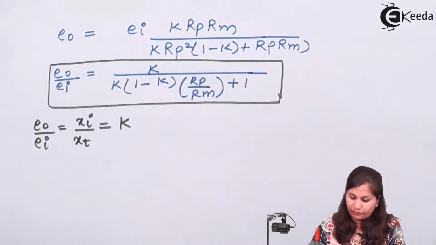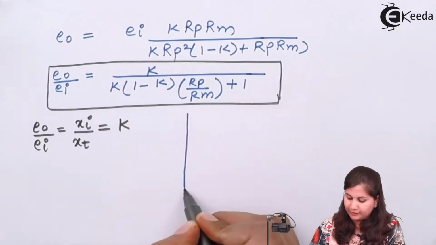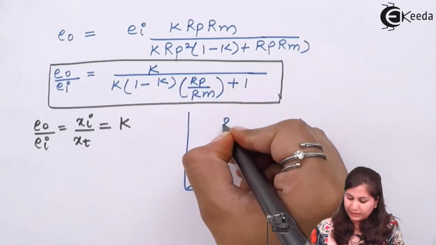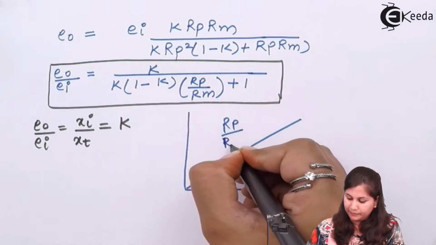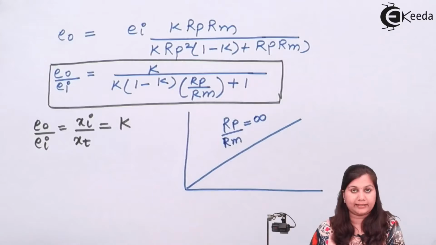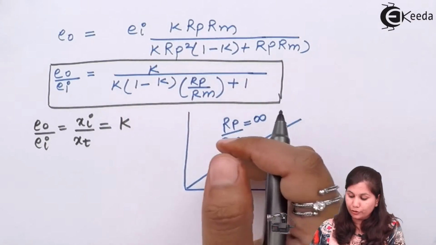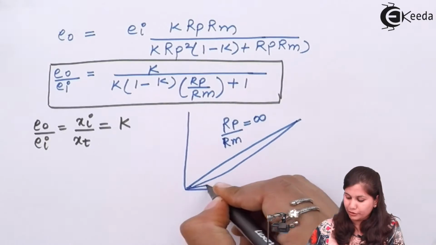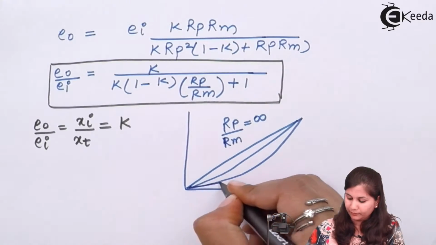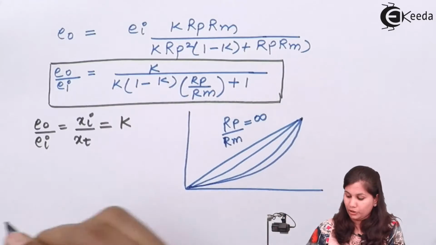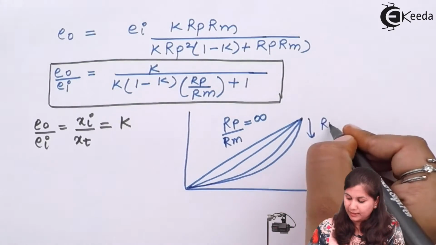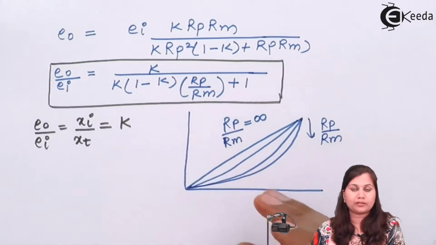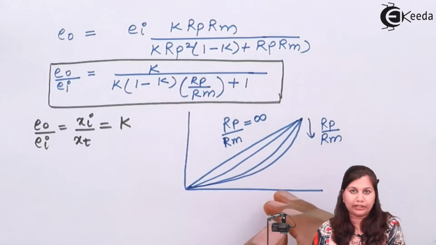So when we draw the characteristics, we will get the linear relationship when this ratio Rp upon Rm is equal to zero, that is, Rm is infinite. Now as this ratio Rp by Rm increases, the linear relationship becomes a non-linear relationship.